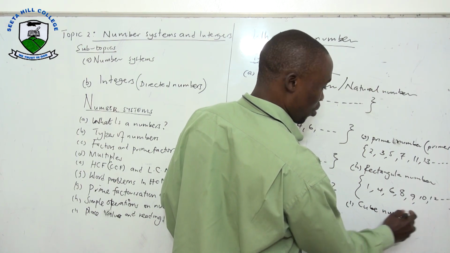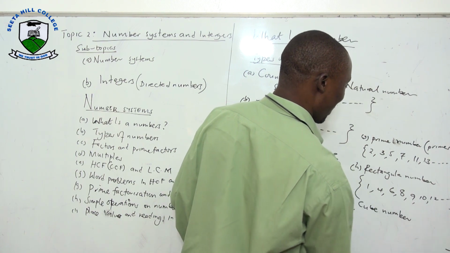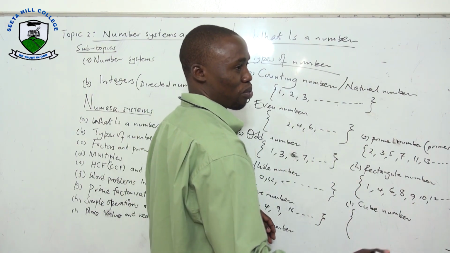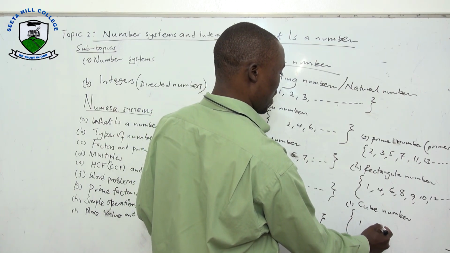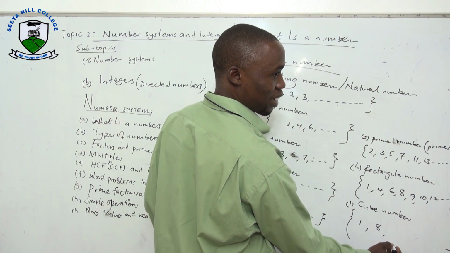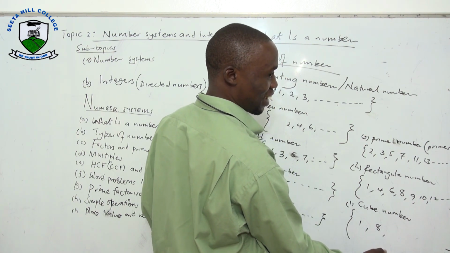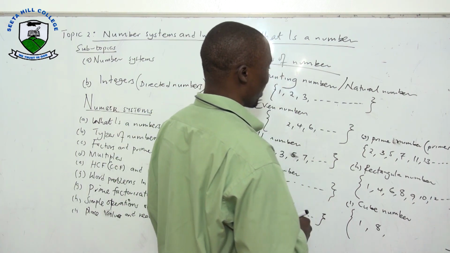What are they? Mention them. Cube numbers: 1, 8, 11, 16. That means you are 18, teacher, 18. What have you done?